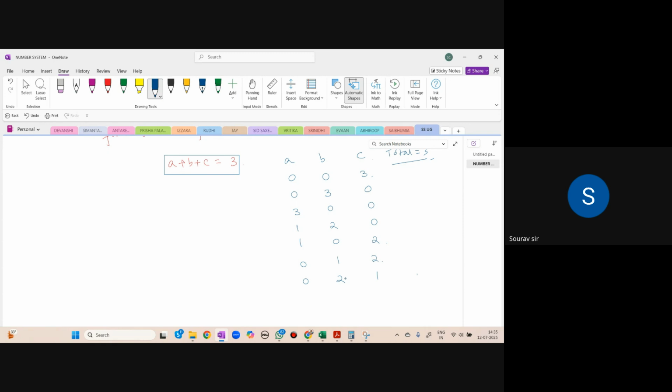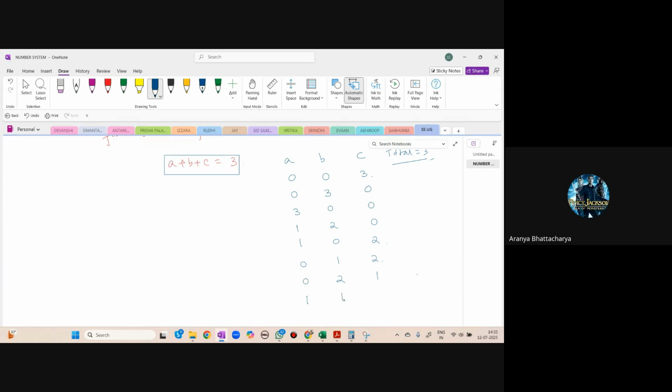Yes, with 1 and 2, I can do these combinations. Then what else can I do?